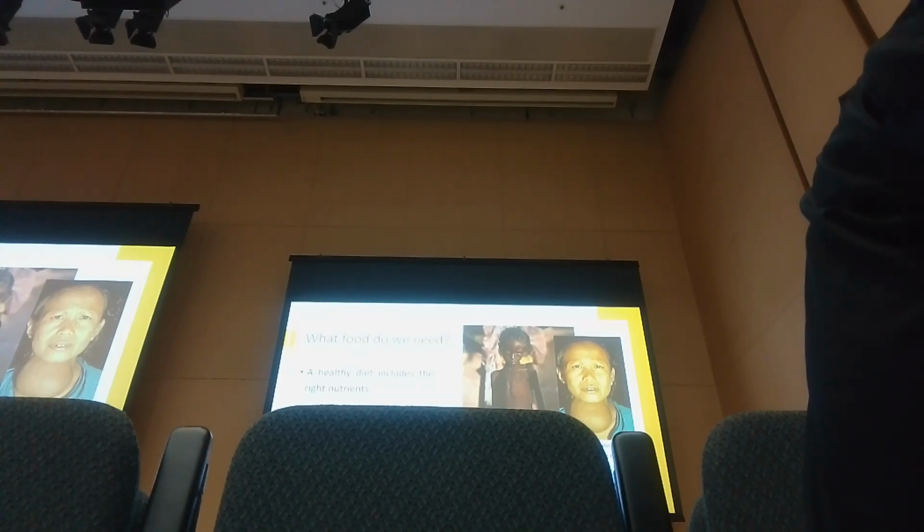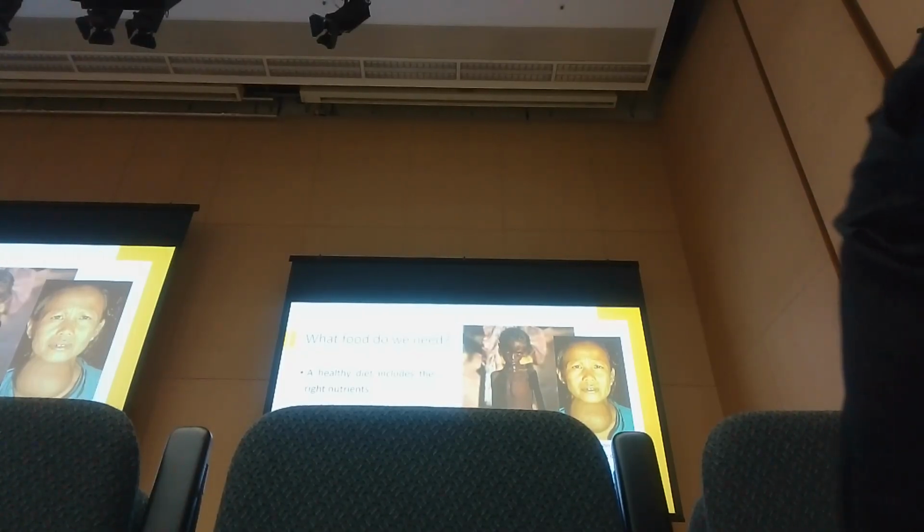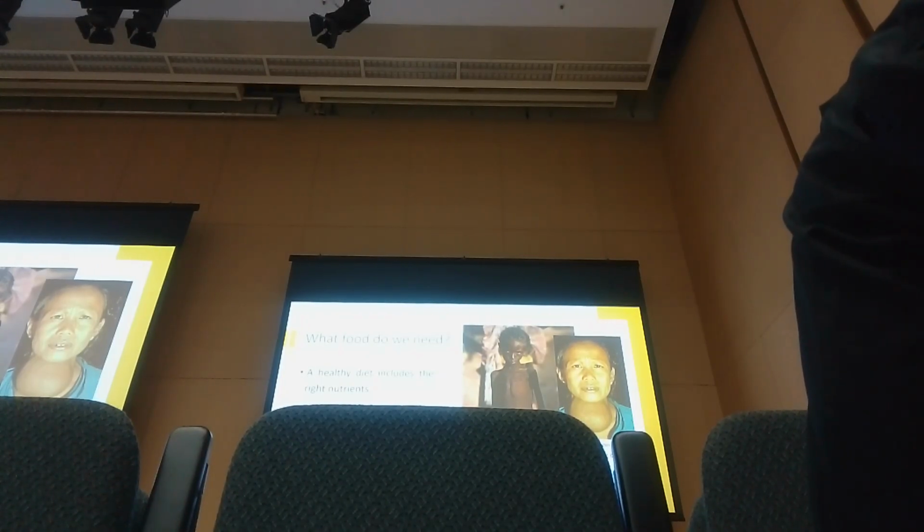So we have to think about the right nutrients we can get from food. If we do not have the right nutrients, we potentially still have undernutrition. If you look at the first figure over here, these children lack protein and calories. So we're talking about undernourishment, right?